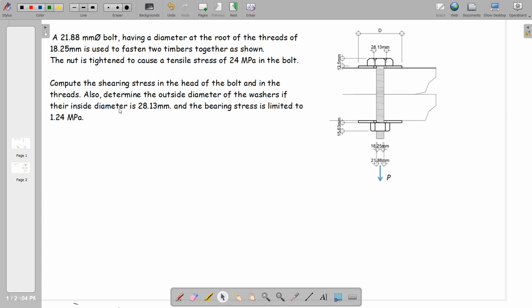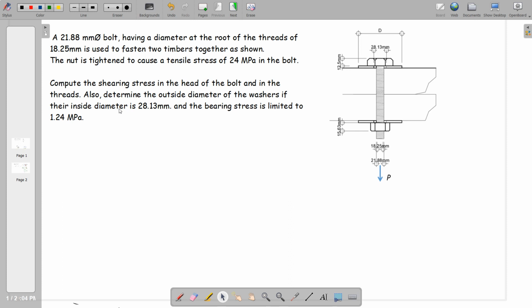So we have here a 21.88 millimeter diameter bolt having a diameter at the root of the threads of 18.25 millimeter, used to fasten two timbers together as shown. The nut is tightened to cause a tensile stress of 24 megapascal in the bolt.